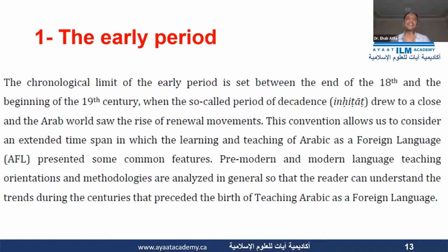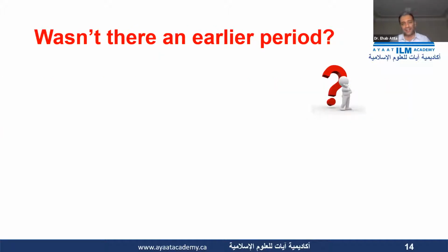So if we consider that the early period here is between the end of the 18th and the beginning of the 19th century, we have a question here we shall ask. Wasn't there an earlier period than this period? Wasn't there an earlier period?